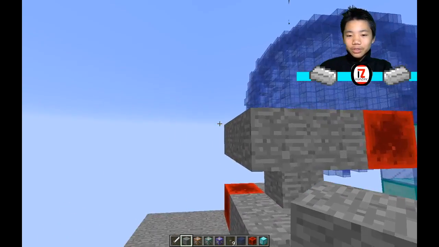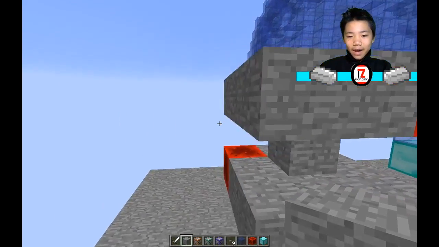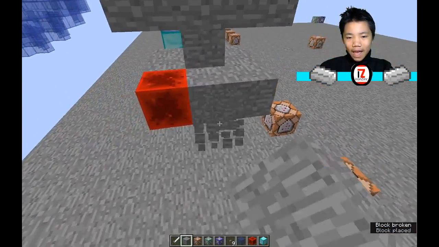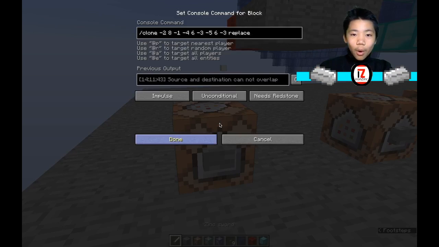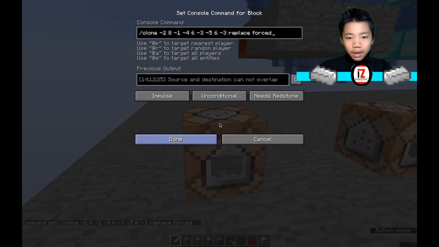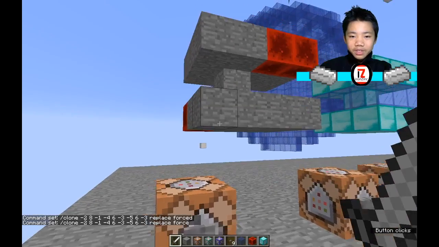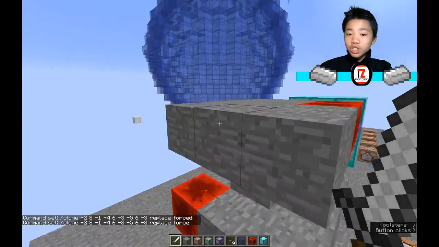So I'm trying to clone the structure inside the selected area. And basically it won't allow me to do that unless the clone mode is on force. Unless it's on force. In this case, it will force clone it.